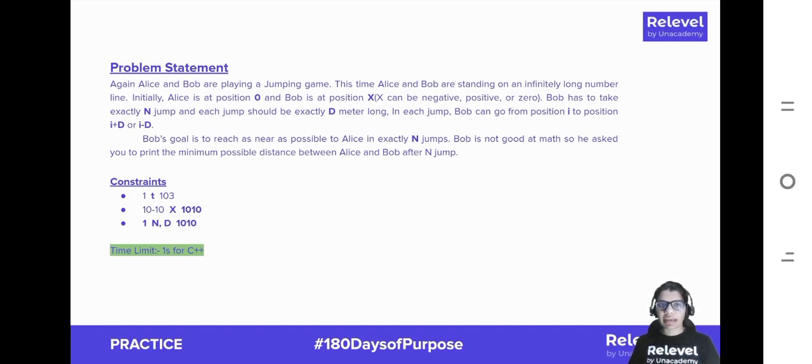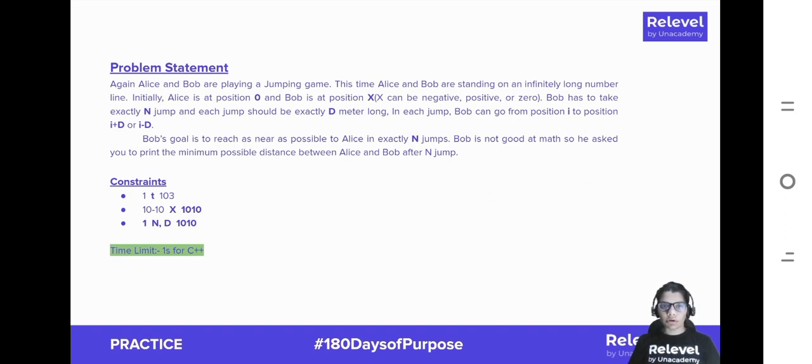So, guys, you can see here it is saying exactly n jumps, not less than or more than n. And each jump should be exactly d meters long. In each jump, Bob can go from position I to position I plus d or I minus d. So, Bob can either move d meters towards its right or d meters towards its left.